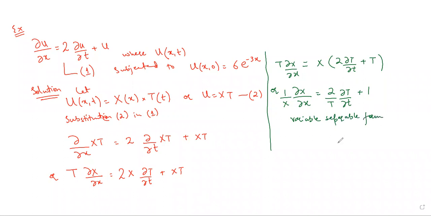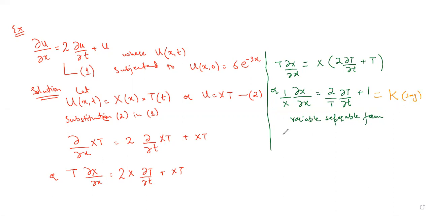When you achieve this variable separable form, you have to take it equal to k, or k square, or minus k square. What we have discussed, right now we are taking this variable separable form equal to k.